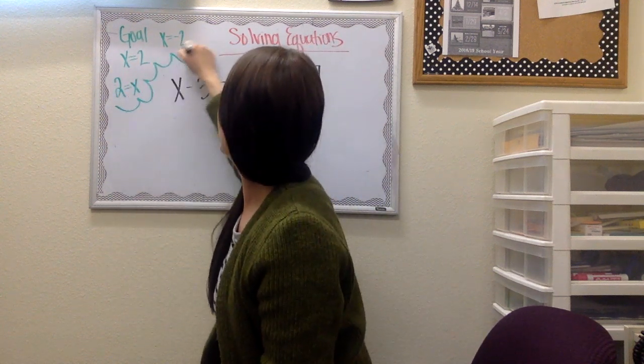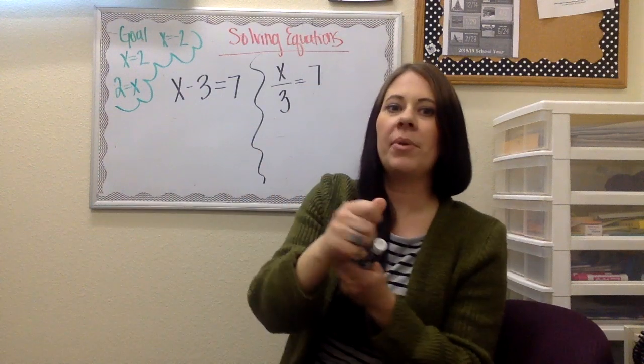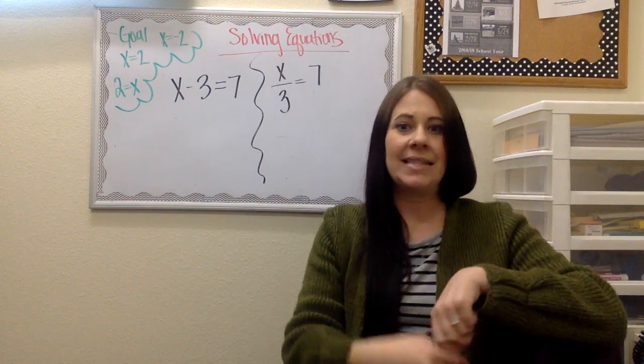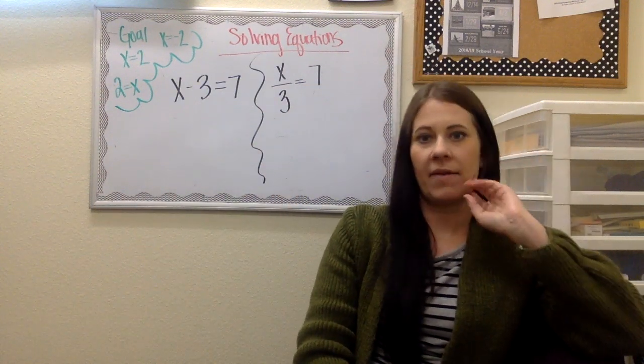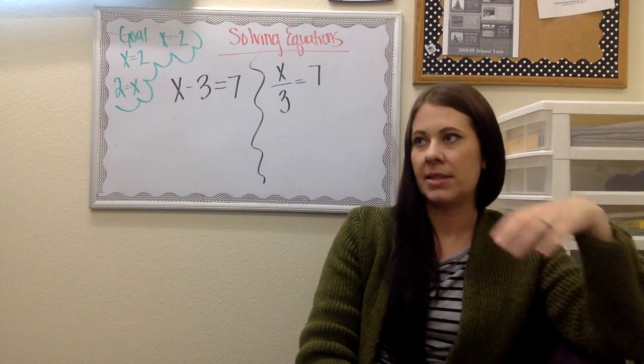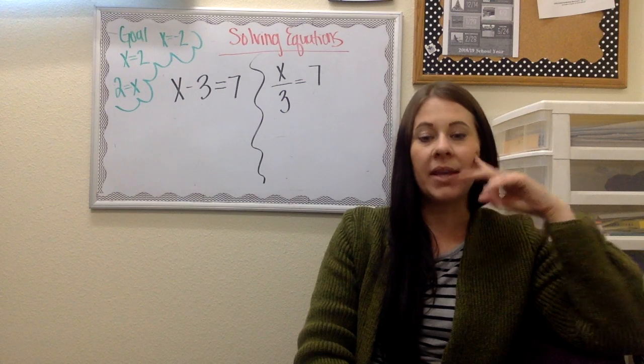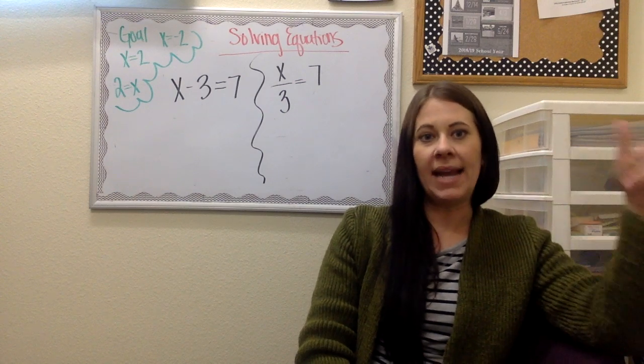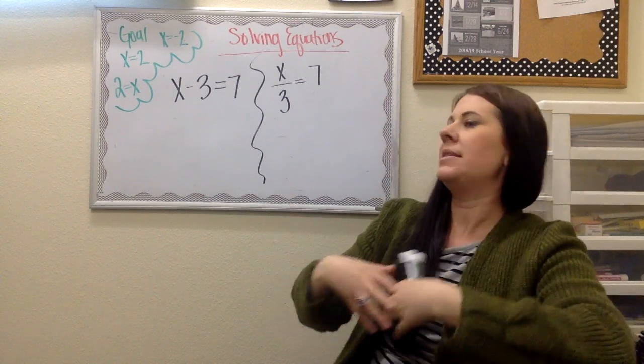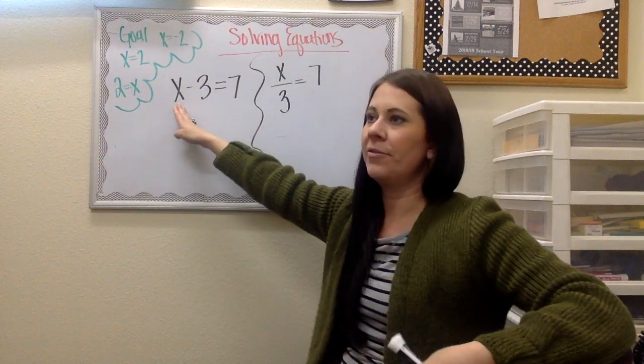Notice though, in all three of those examples, it doesn't say negative x. We don't want to know what negative x equals. We want to know what x equals. And I'm going to show you before the video is over how we can account for that. So right now, our goal is to have x by itself.